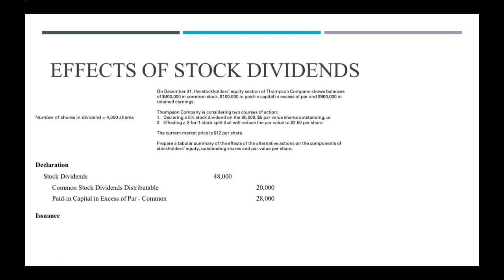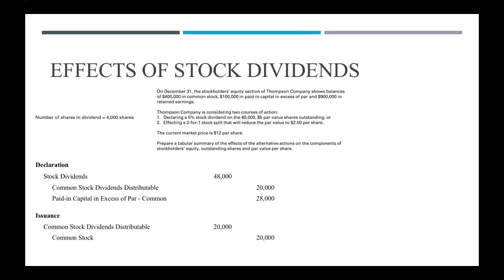For stock dividends, it was 4,000 times the market price of 12. Common stock dividends distributable was the 4,000 shares times our $5 par value. And paid-in capital in excess of par is 4,000 times the difference between the market price and the par value. So 4,000 times 7 gets us 28,000.